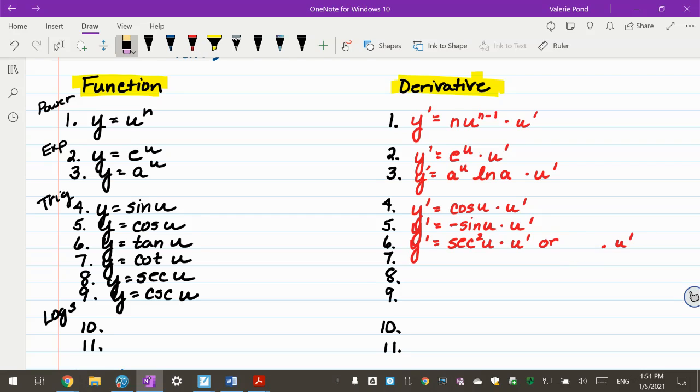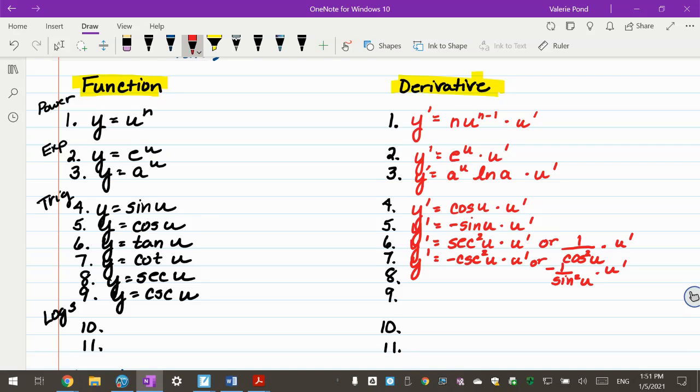For cotangent u, y prime equals negative cosecant squared u times u prime, or you could see it as negative 1 over sine squared u times u prime.